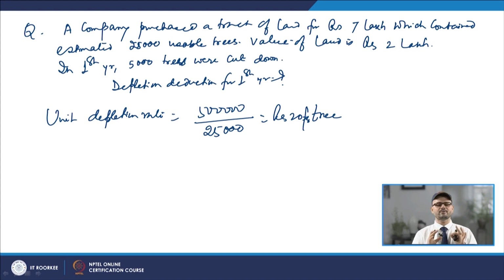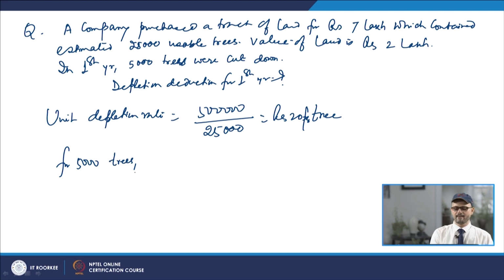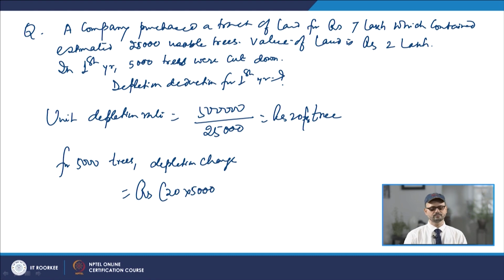Now, if you have cut down 5,000 trees, the depletion charge for 5,000 trees will be rupees 20 multiplied by 5,000. So, it will be rupees 1 lakh.